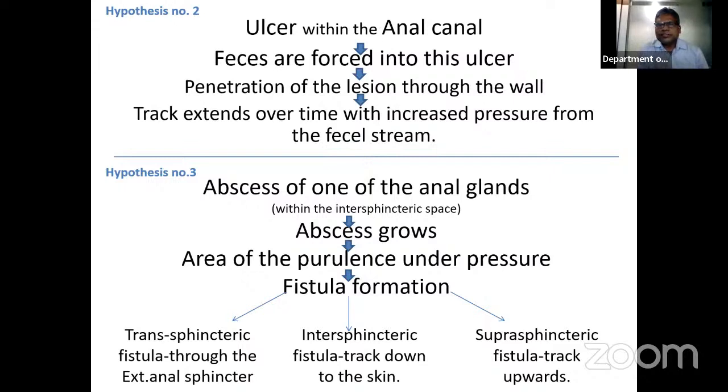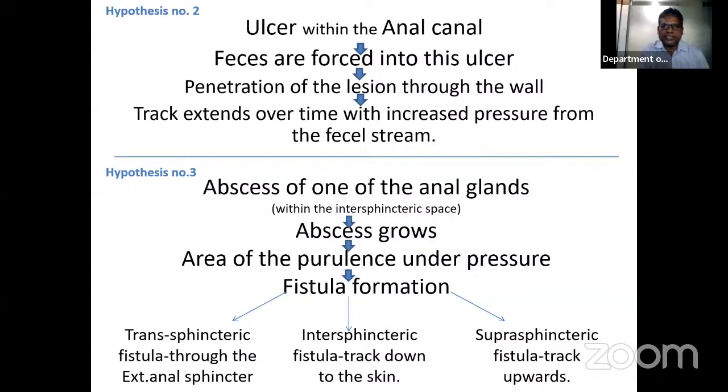Another hypothesis is the formation of an abscess in one of the anal glands within the intersphincteric space. This abscess gradually grows if it is not treated or recognized early, and finally it leads to an area of purulence under pressure, and it will burst out and form a fistula.